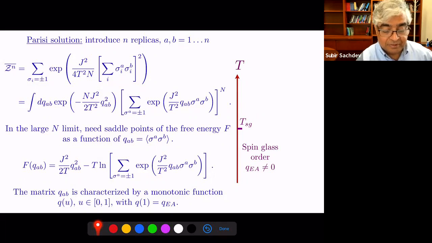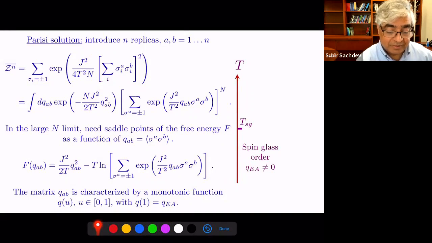Once you take the average of the partition function, this is what you get, where the different replicas are coupled to each other. But there's a beautiful simplification here: the sum over i appears inside the square bracket, and the nonlinear terms are only associated with the sum inside.